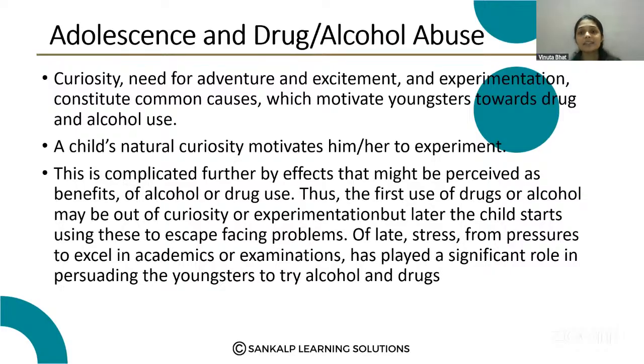Adolescence and drug or alcohol abuse. Adolescence is the period of puberty, also called the teenage years, from 13 to 19. In that age, you can observe physical changes, hormonal changes, and behavioral changes in persons, male or female.